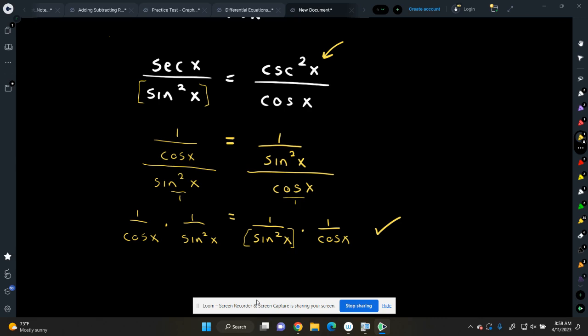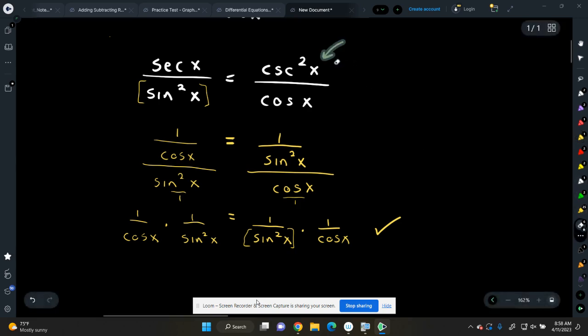So our first approach was to use the Pythagorean identities because I saw a sine squared, but that ended up making it more complicated. If it's getting more complicated, you're probably choosing the wrong path.